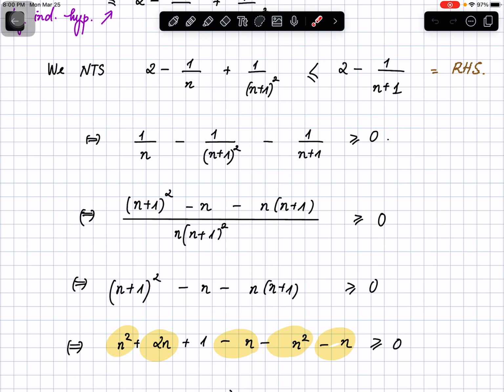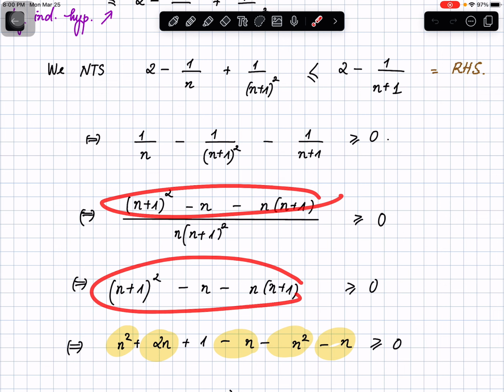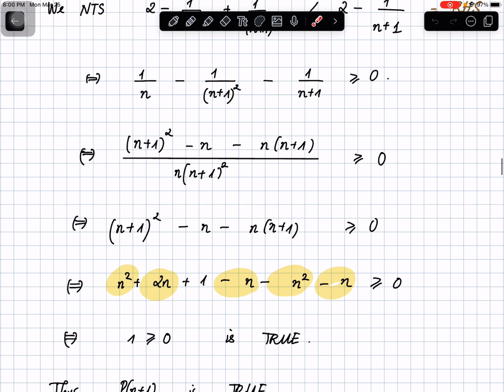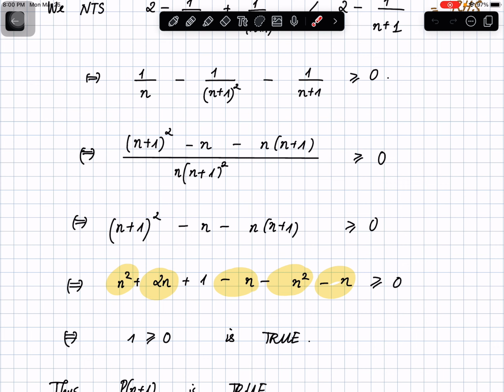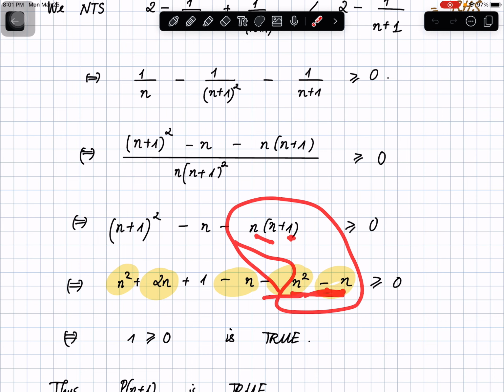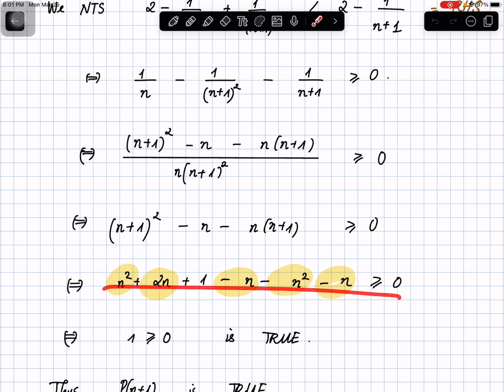So we have the numerator greater than or equal to 0. And this means that n² + 2n + 1 minus n, minus (n² + n), so minus n² minus n. And this means that 1 is greater than or equal to 0, which is true.